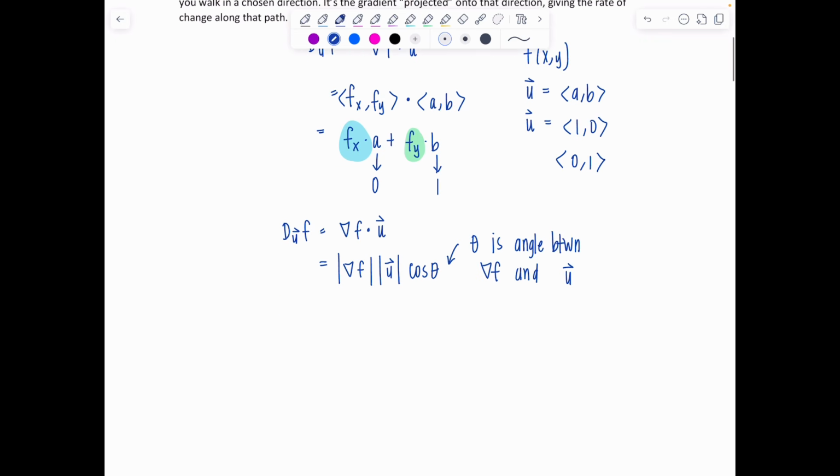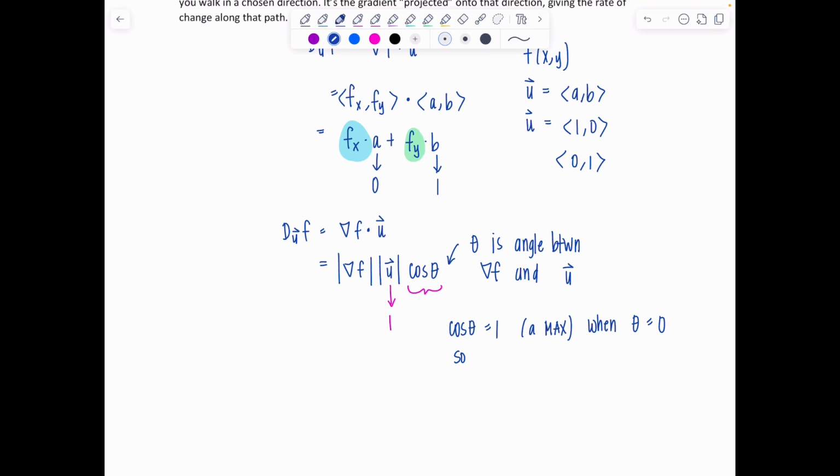Okay, well, let's think about each of these quantities. u is a unit vector like we said. And cosine of theta is limited in what values it can attain. Cosine theta is a max when it equals 1, right? That's the largest that quantity can ever be. And that happens when theta is equal to 0.